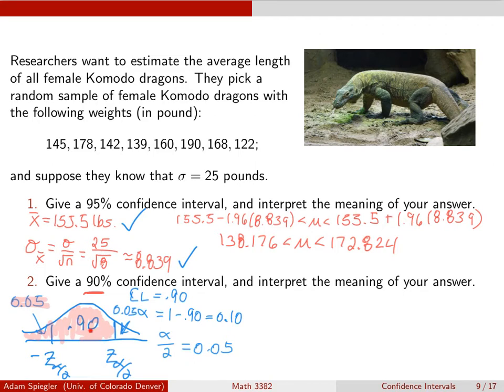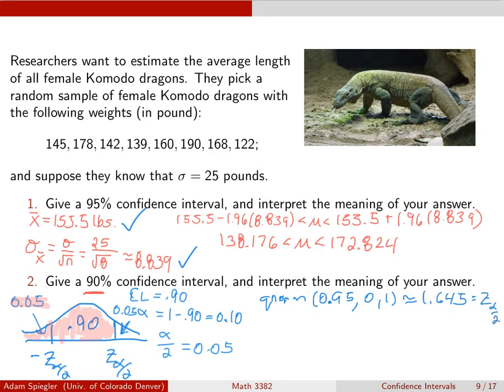So we've got 0.9 in the middle, and then we've got 0.05 over here. So adding those two together, this is going to have 95% of the area to the left in this case. So to find this z alpha over 2, I could take qnorm of 0.95, and I've got a mean for the standard distribution of 0 and a standard deviation of 1. And so from R, we get an output that's approximately 1.645.